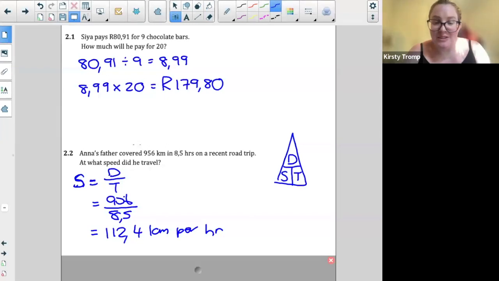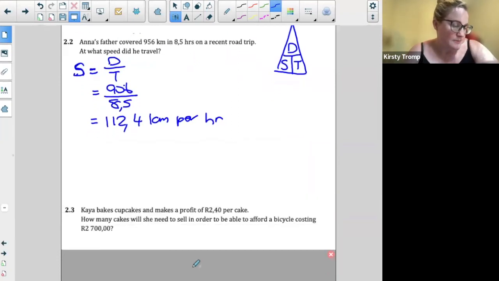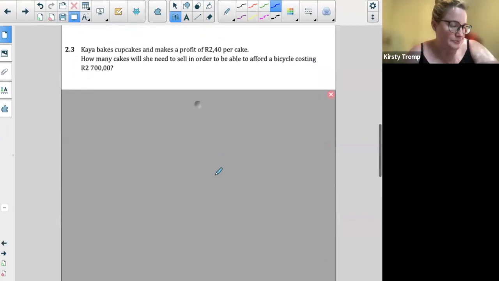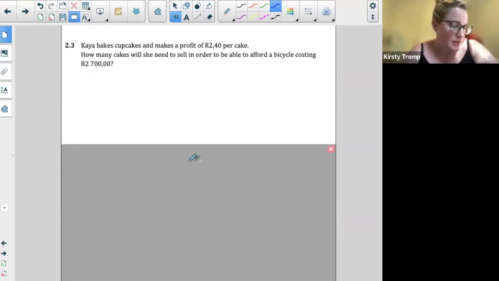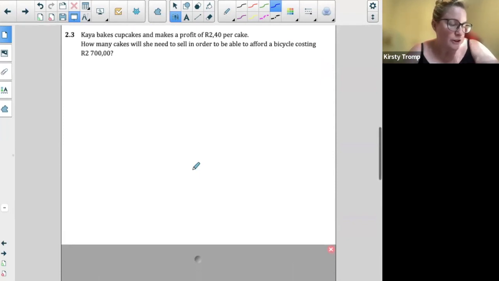All right, guys. So if we're doing a speed, what are we doing when we do speed? We're going to say distance divided by time. Well done. Okay, last one, and then we're going to move on. Kaya bakes cupcakes and makes a profit of R2.40 per cake.